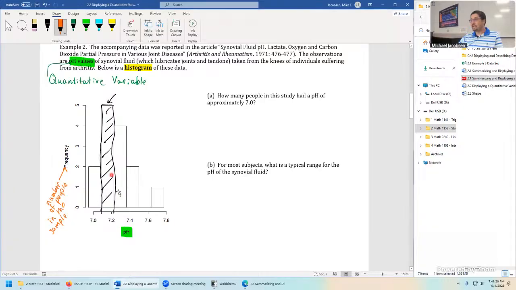So that's what frequency is saying. pH, this is the quantitative variable. And so once again, this is just saying between 7.1, just above 7.2, 5 people in the sample had that range for pH values. Well, does that make sense to folks so far? What's going on with the histogram?